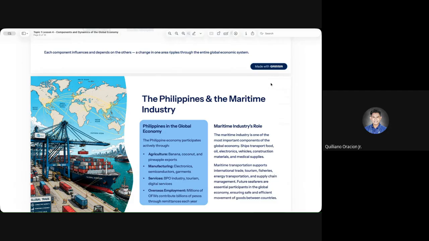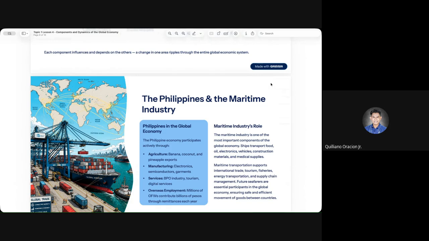Imagine a road closure: instead of 5 minutes to reach your destination, the trip takes 30 minutes. Same with ships at sea. If one sea route becomes dangerous, ships use longer routes, and the transportation costs increase.